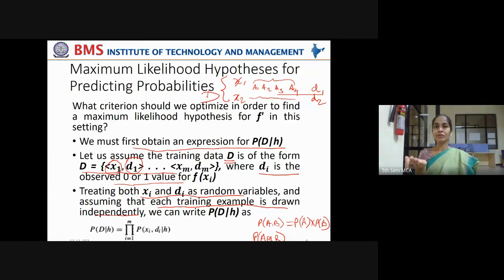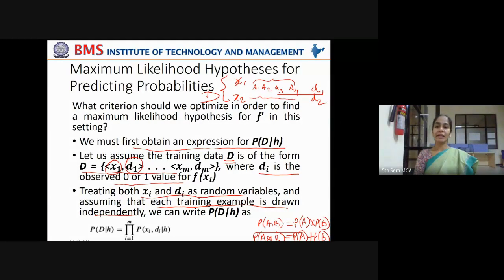So these two are mutually exclusive events. Occurrence of one event eliminates the occurrence of the other event. In that case, the probability of A or B is the sum of probability of A and probability of B.